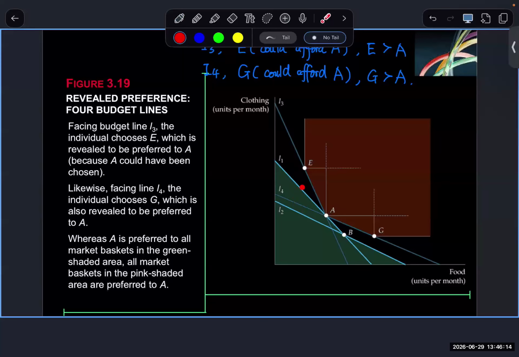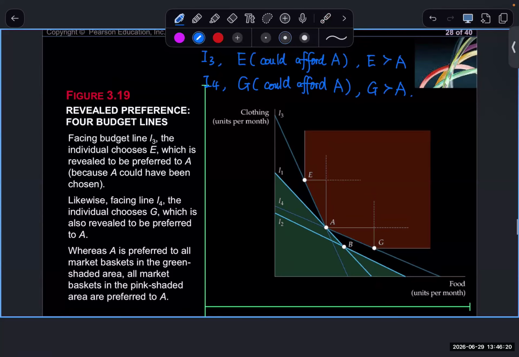For the green area, which basket bundle is the optimal? A, right?